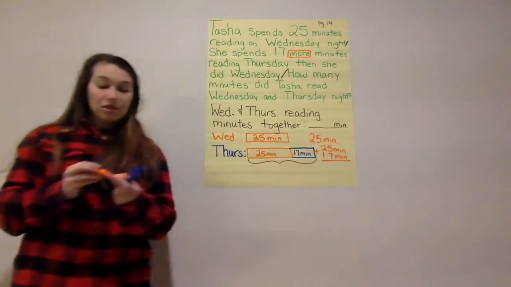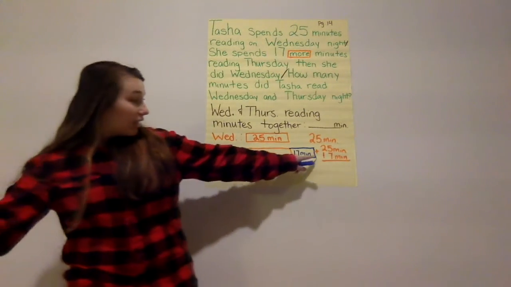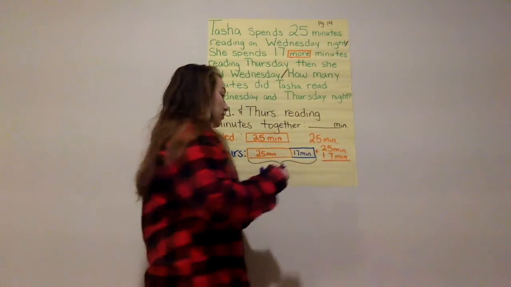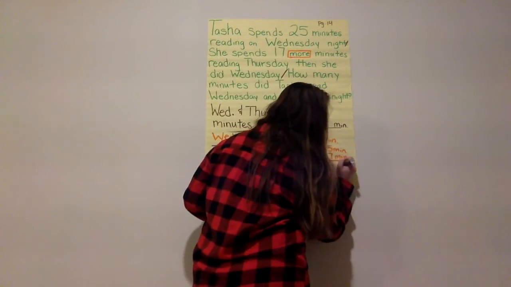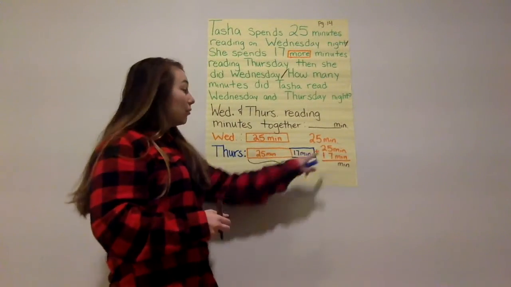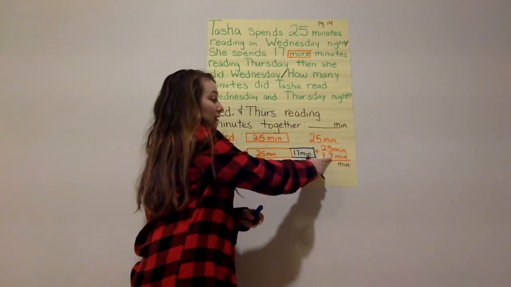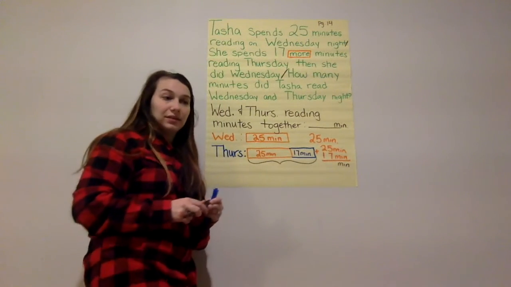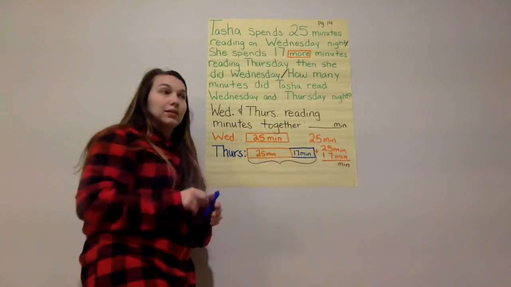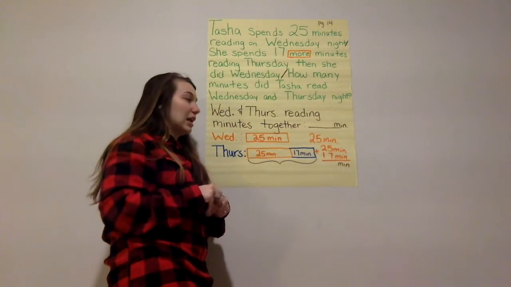All right, so remember, whenever we are adding, we are starting in our ones place. Just going to go ahead and put the minutes down here. Just carry it down. And we'll start with our ones place. So we have 5 ones plus 7 ones. If you need help, you can count on your fingers, count in your head.